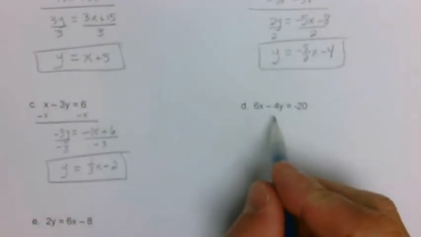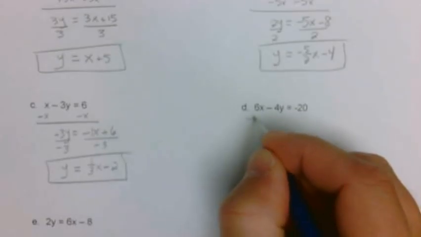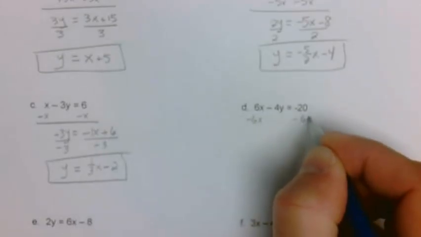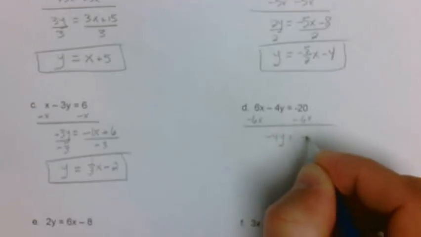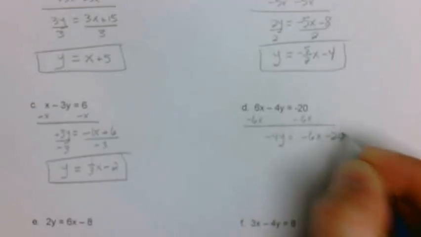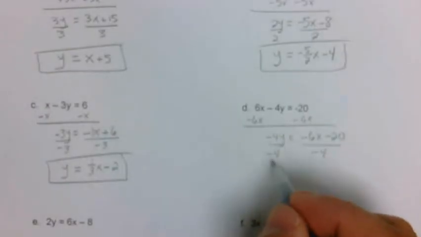Letter D, 6x minus 4y is negative 20. We've got to get our y all alone, so we'll subtract 6x on each side to start. That means negative 4y is equal to negative 6x minus 20. Divide each side by negative 4. Okay, so negative 4y divided by negative 4 is y.